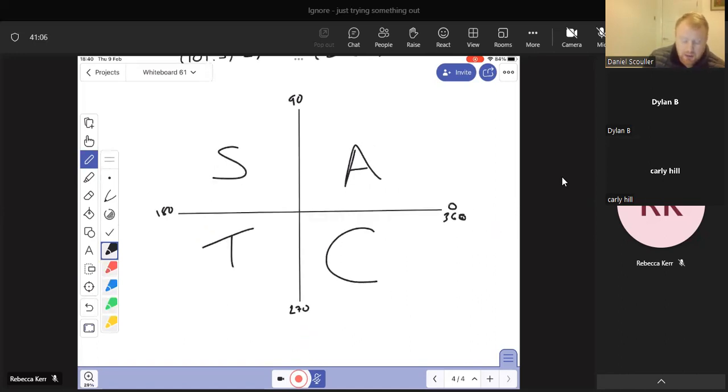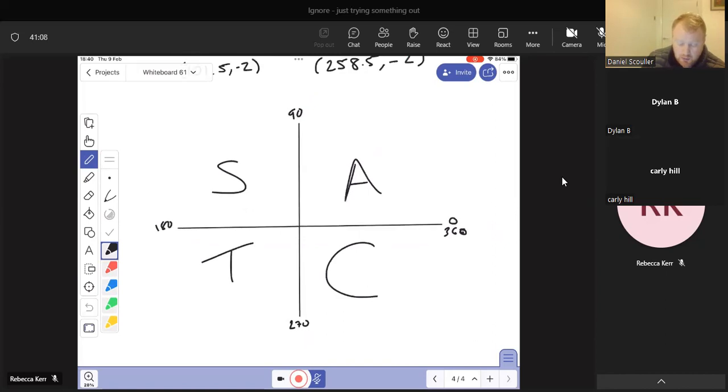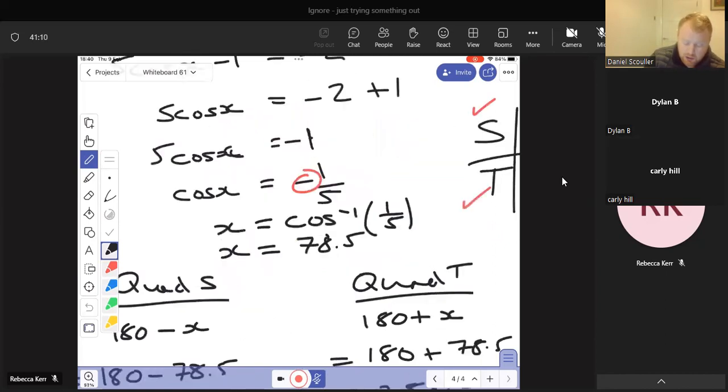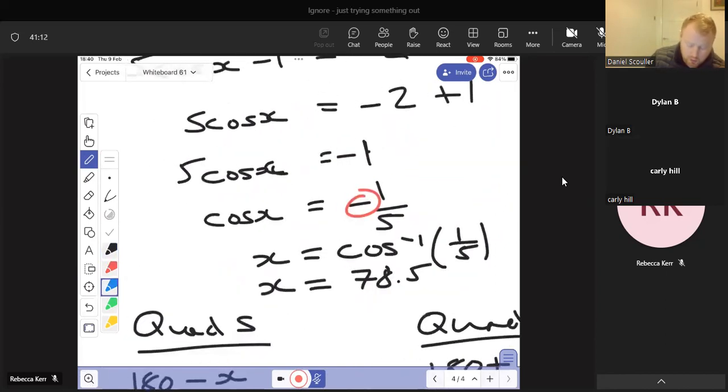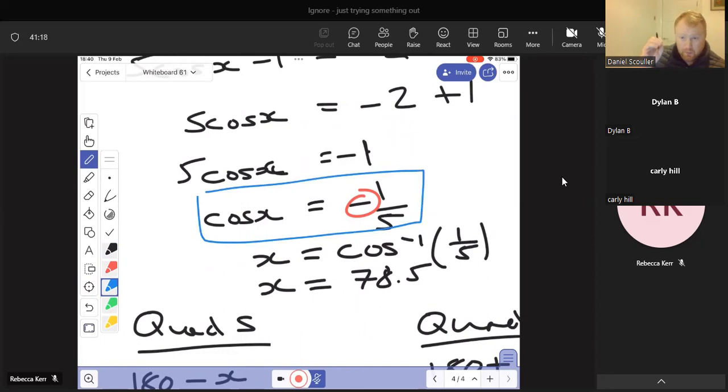How you identify them is when we get to this position and we've got either cos x equals, sin x equals, or tan x equals. If it's positive or negative, it refers back to our graph.